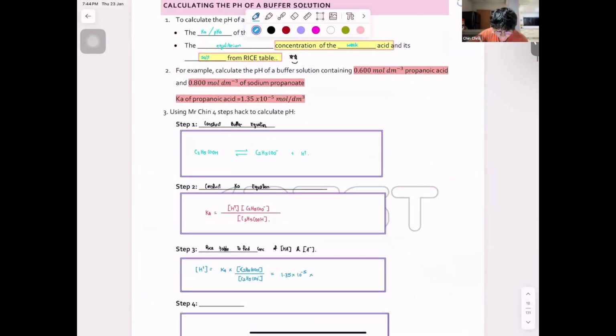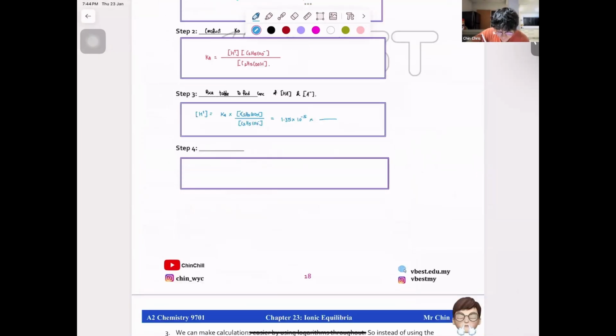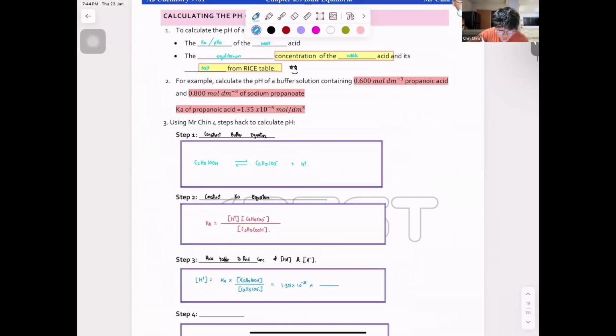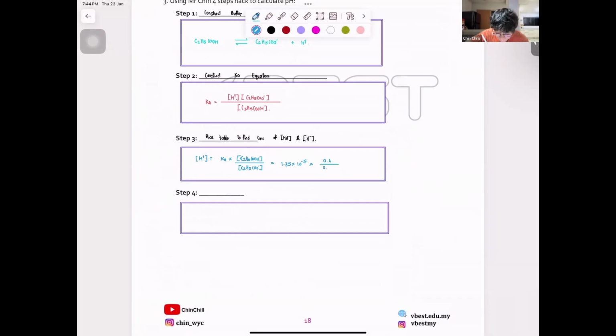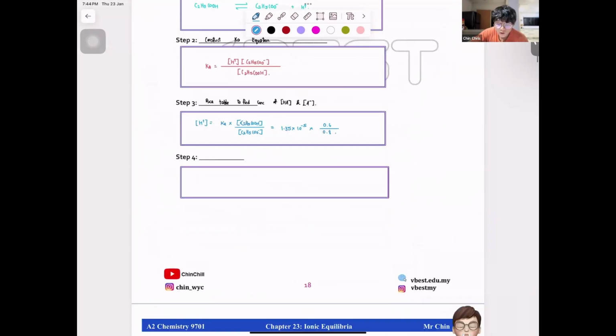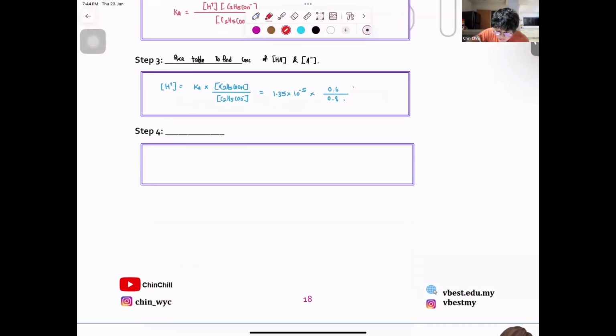Then multiplied by C2H5COOH, which is 0.6, over 0.8. Usually, these two concentrations are from the RICE table if not given.